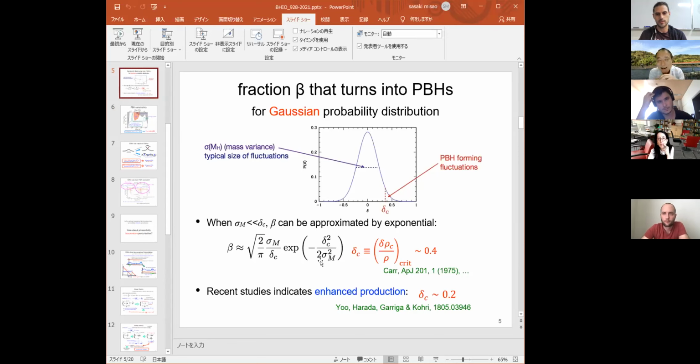Eventually we should know the detailed production rate and everything, which probably would not be given simply by this power spectrum. You need something like the formation of astrophysical black holes, so you have lots of parameters which determine the amount of black holes.